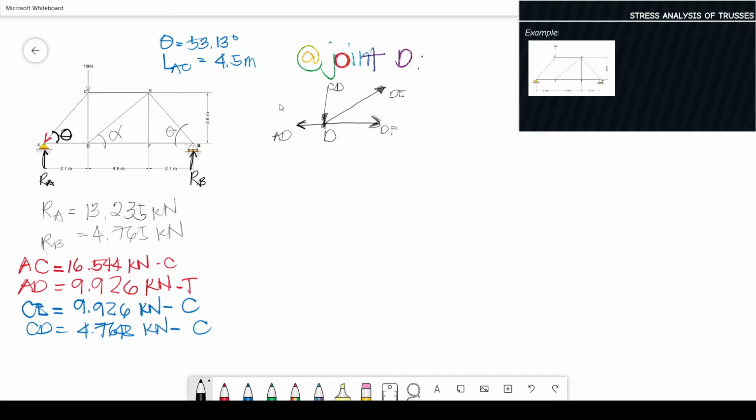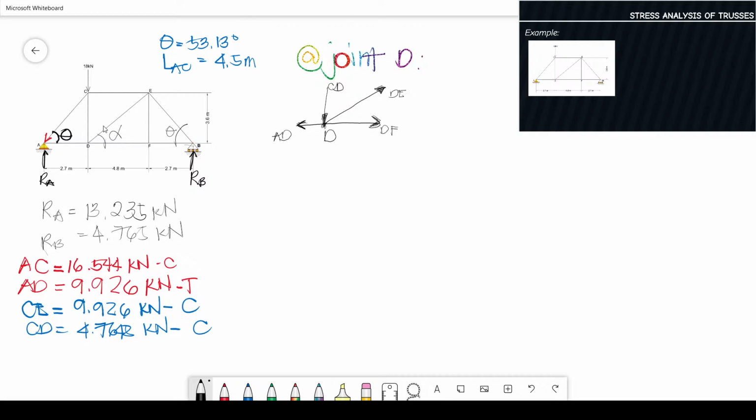Okay, I have a question. Is theta equivalent to alpha? Most probably no, because they have different values for the adjacent member, the 4.8 versus 2.7, though they have the same opposite number.